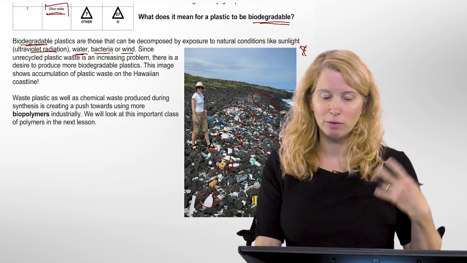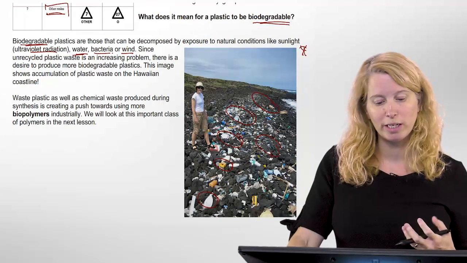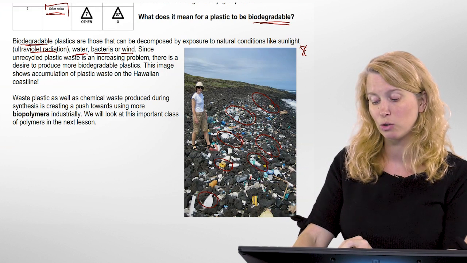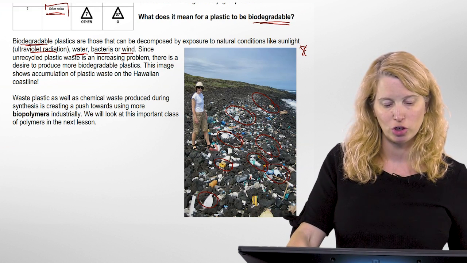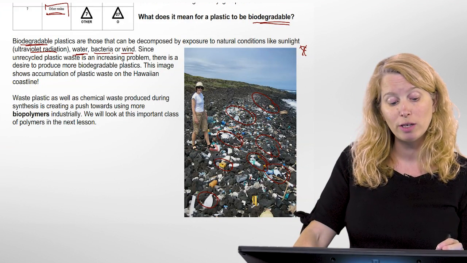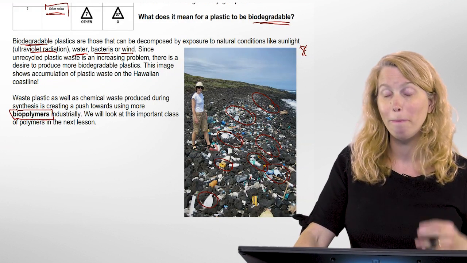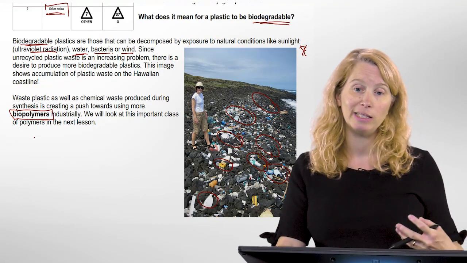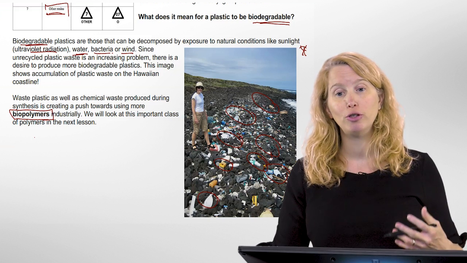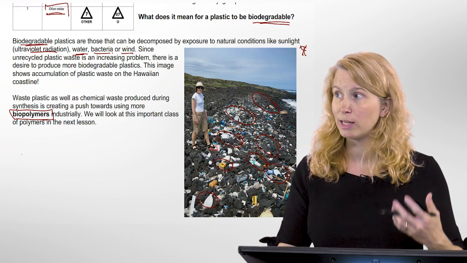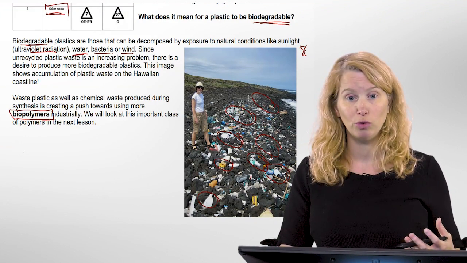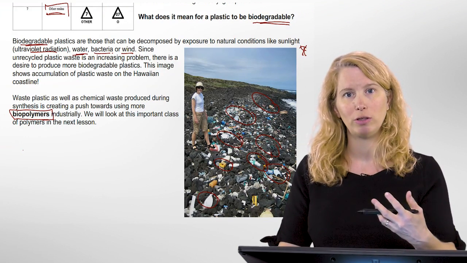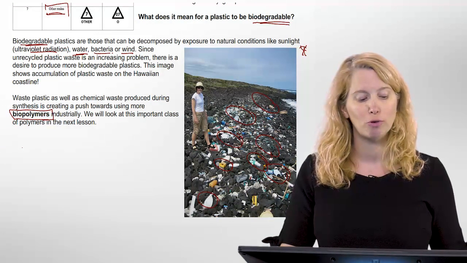And so there's a large push then towards wanting to create more biodegradable plastics to avoid this sort of environmental contamination. And another way to do this is to take advantage of what we call biopolymers. Biopolymers, as we'll see in the next lesson, are polymers that are not produced using traditional chemical synthesis from petrochemicals, but are instead produced in a biological system, either naturally or via some sort of engineered process.